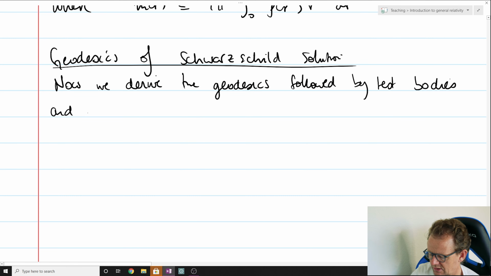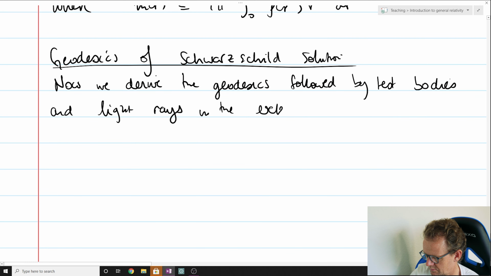So we're going to derive the geodesics in the following lectures for test bodies and also for light rays in the exterior region. And that's where the radial coefficient is bigger than 2m.